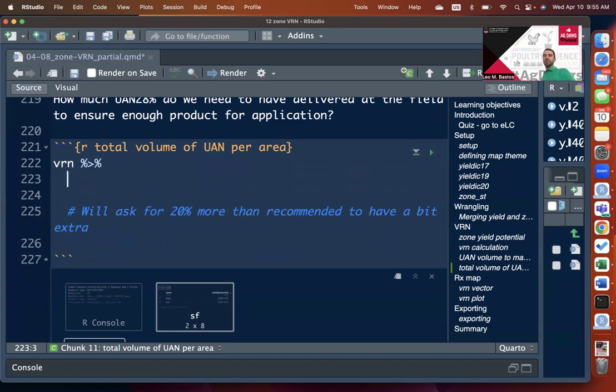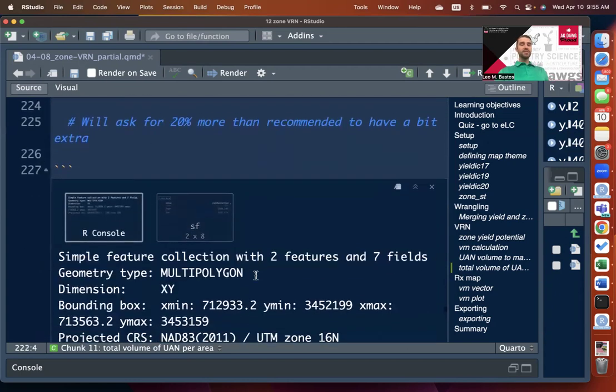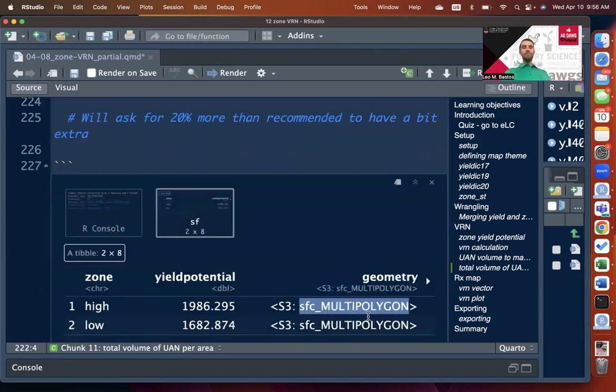So something very interesting that I don't think we have done yet is, even though we did a group by and a summarize, VRN, if you print it and you inspect it, is still a simple feature object, right? It did not just drop the geometries. It still has 2 geometries here. What happened is that when we do a group by and we summarize on an SF object, all the components that before were different polygons within that larger field, now they're still there, but now they're grouped, right?